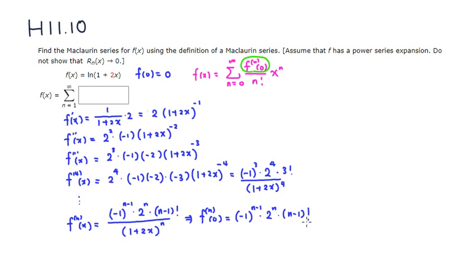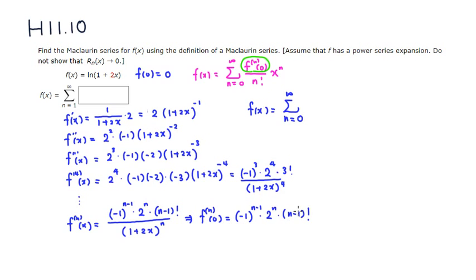So if you want the power series, we divide that by n factorial. So f of x is going to be the summation, and instead of starting from 0, we can start from 1 because f of 0 is 0, so the term is 0 anyway, to infinity.